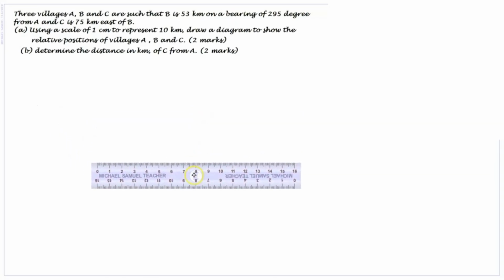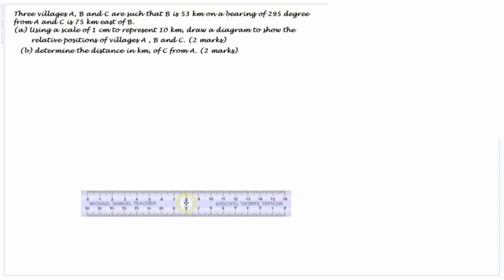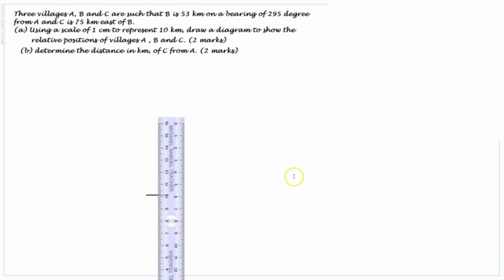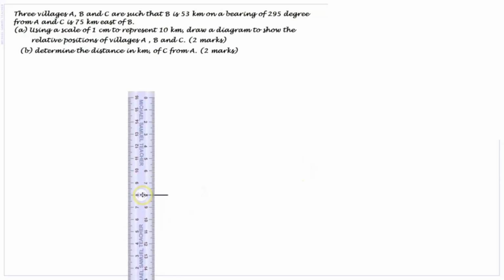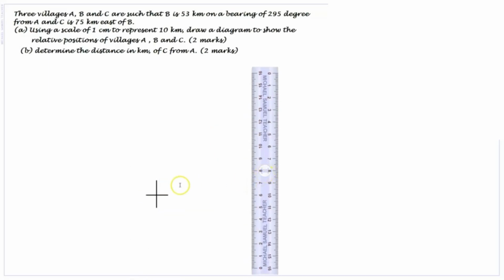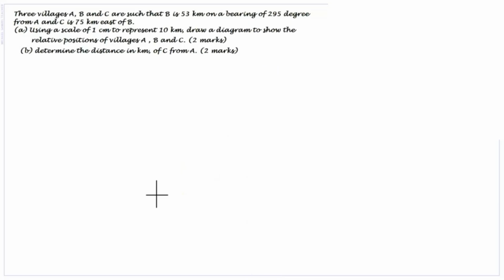The first thing we are going to do is locate the initial point A. I draw the compass direction such that I have E. This is the north direction. So this is our point A.